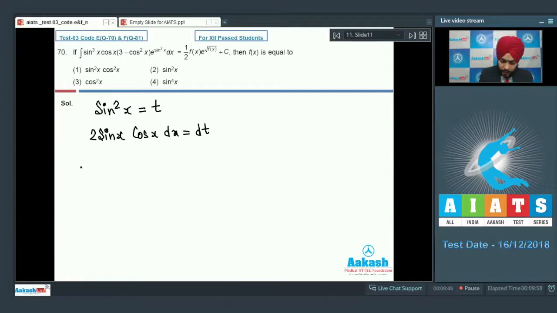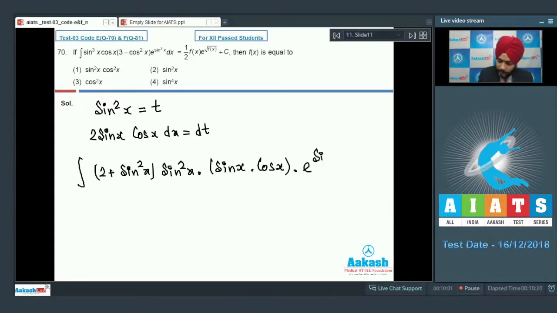Now students, arranging the terms properly, I have 3 minus cos square x is 2 plus sine square x. This sine cube x can be split into sine square x into sine x into cos x, which will be used in dt, into e raised to the power sine square x dx.